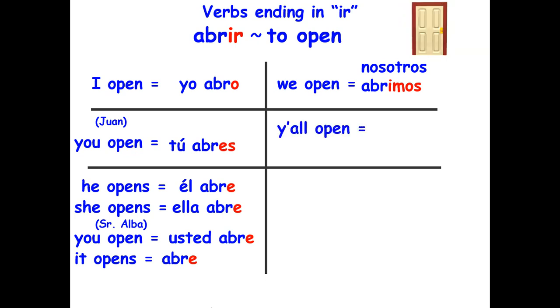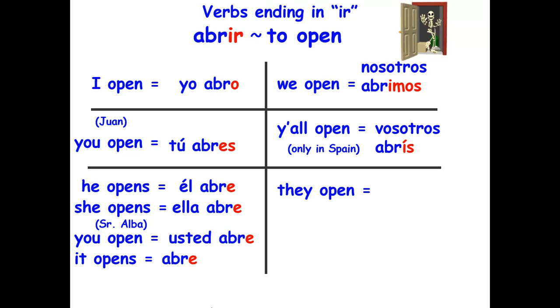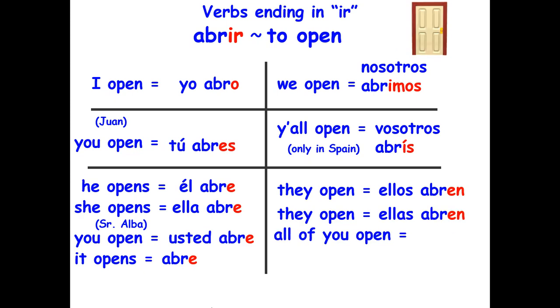Y'all open in España, abrís. They open, ellos abren. They open if it's girls only, ellas abren. All of you open, ustedes abren. Abro, abres, abre, abrimos, abren. And that's a good way to practice too. Any verbs, whether it's AR, ER, or IR, you can just say abro, abres, abre, abrimos, abren. Just repeat those to yourself and it helps you remember the endings.